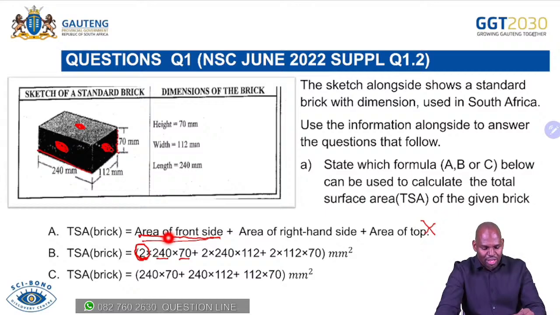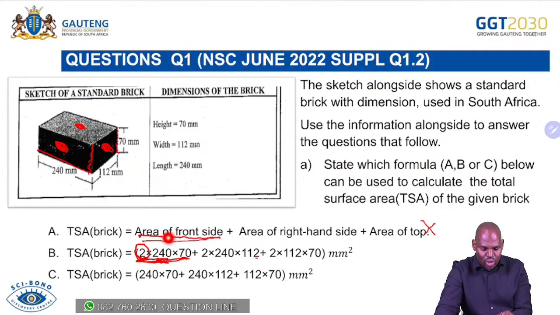The very same 70 is equal to that. So actually, 240 multiplied by 70 is the area of the front face. But remember, there are 2 of them, this one and the one on the other side. So it was 2 faces.